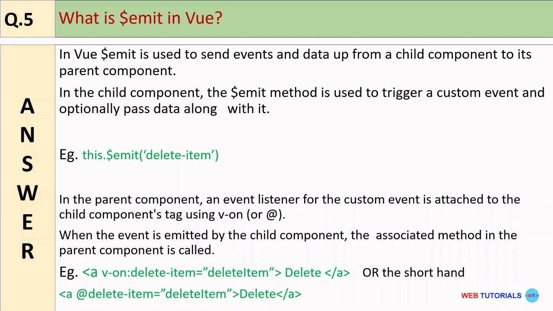In the parent component, an event listener for the custom event is attached to the child component's tag using v-on or @. When the child component emits the event, the associated method in the parent component is called.